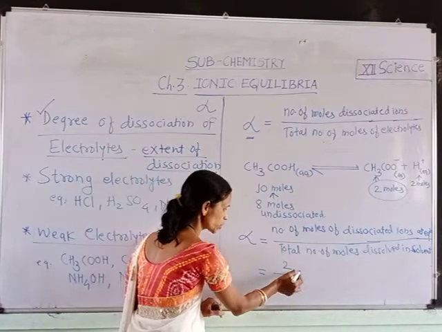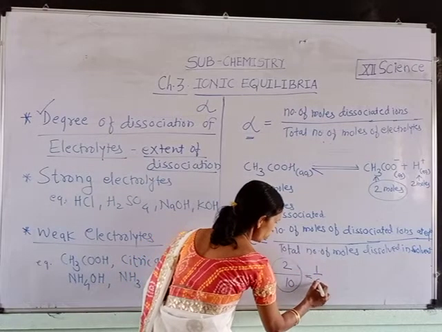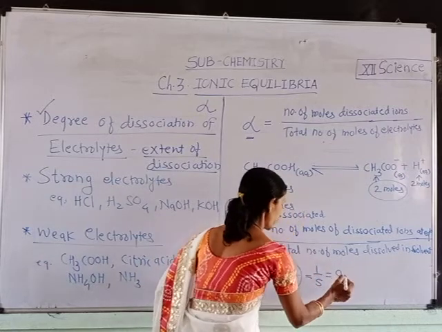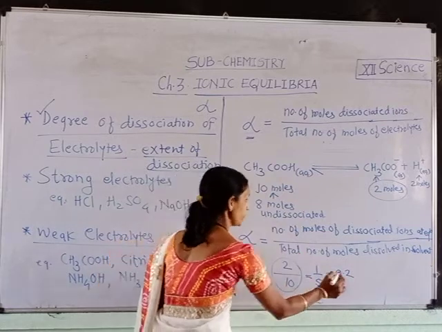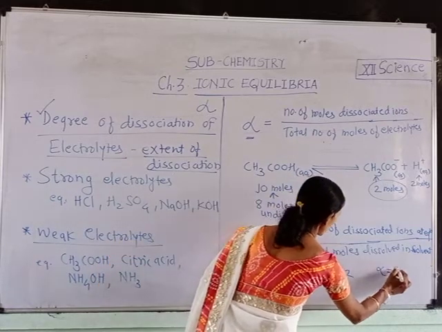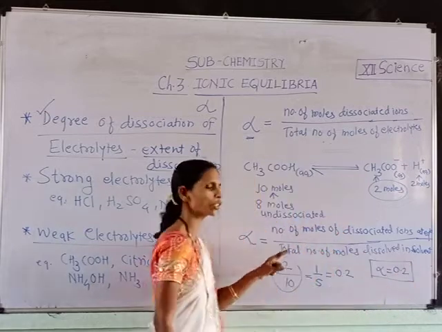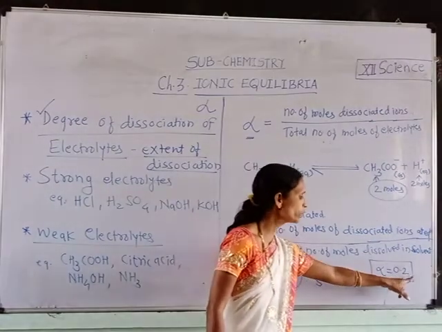The fraction obtained is 1/5, or in decimal, 0.2. That means alpha is 0.2, the degree of dissociation of acetic acid.